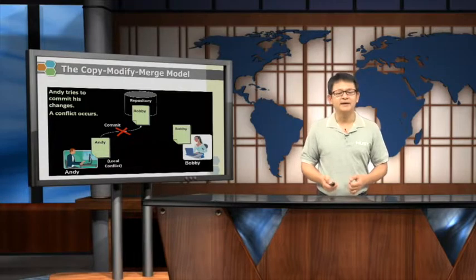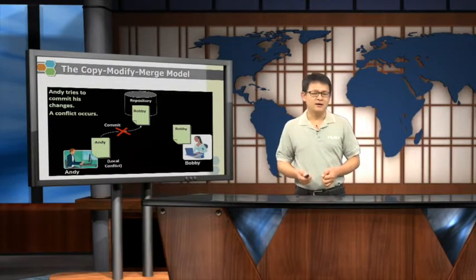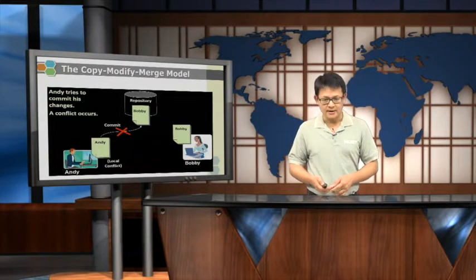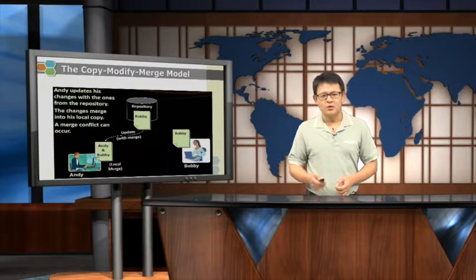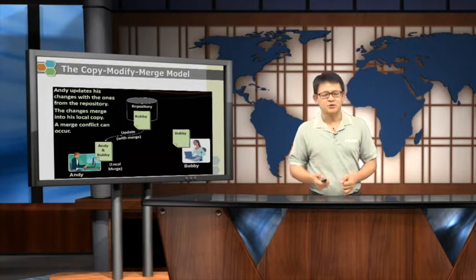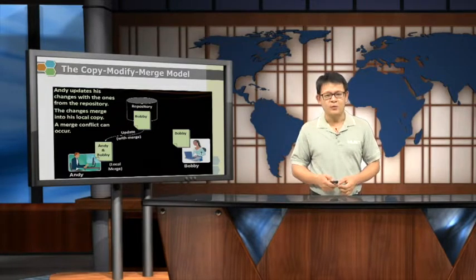And then Andy also wants to commit, but the problem here is that his local working copy doesn't have the modification made by Bobby, so he cannot commit. So what he needs to do is first update the file with the modification made by Bobby.